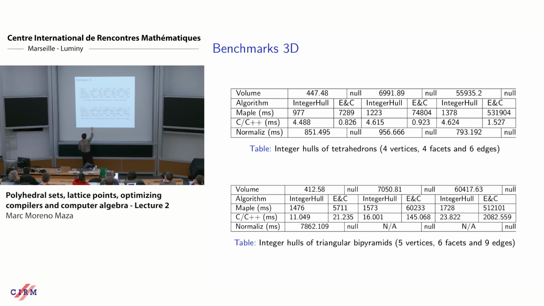Here we have objects that are all of the same shape. As we go to the right, the size of the object increases. But for us, the running time does not increase much, whereas for Normaliz it increases a lot, even to the point where Normaliz cannot conclude.